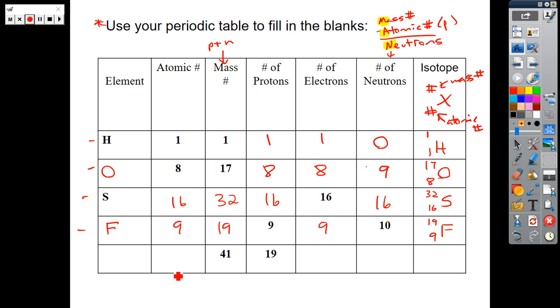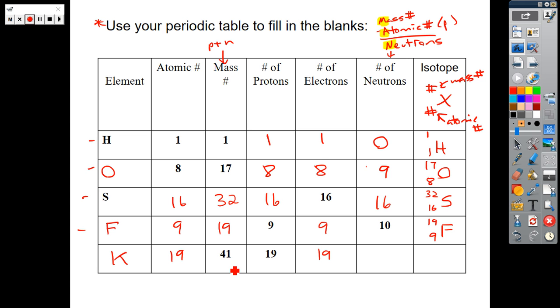Okay? For the very last one, a little faster this time, 19 protons tells us the atomic number is 19. And if you look for element number 19, you're going to find K, potassium. The protons and the electrons are the same in a neutral atom, so 19 and 19. The number of neutrons you could subtract for.